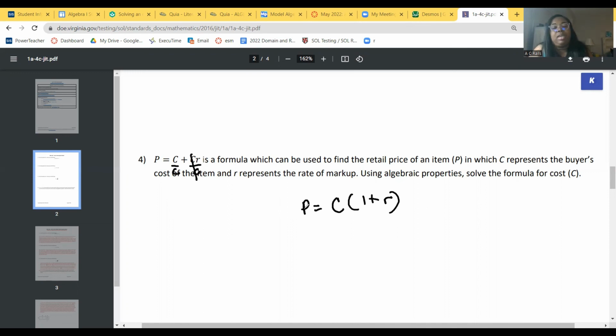So now we have P is equal to C times that sum of 1 plus R. And so what we would do is divide both sides by that sum of 1 plus R. Your final answer will be P divided by 1 plus R is equal to C. To me, that's one of the harder ones to do just because it is not so clear as soon as you see it.